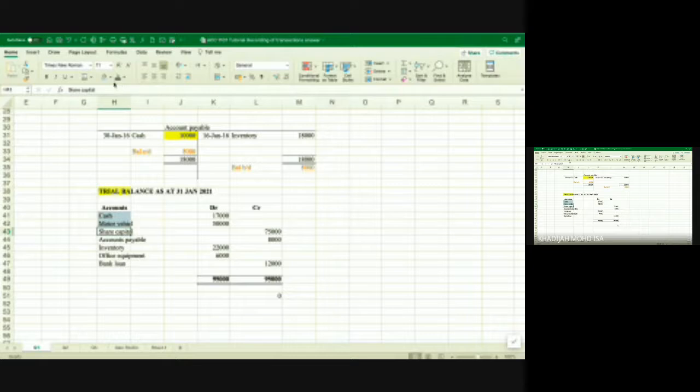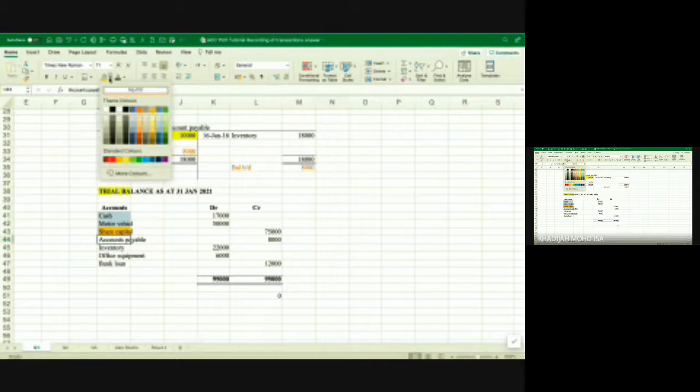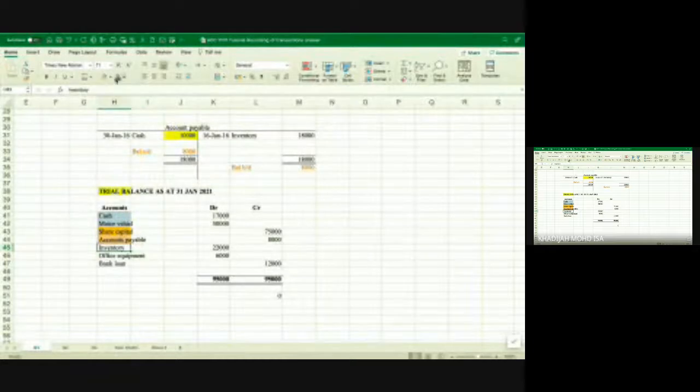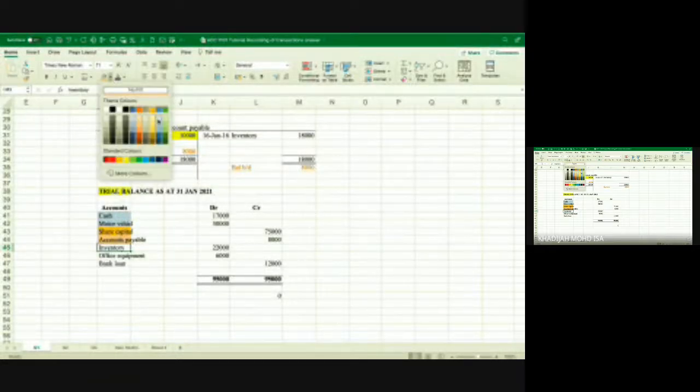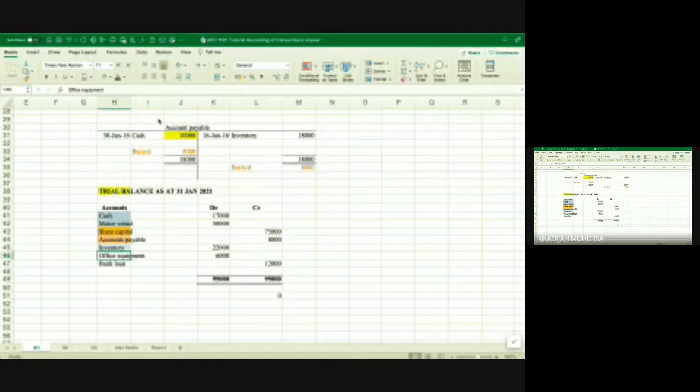Share capital is your owner's equity. Accounts payable is your liability, let's put it in red. Inventory again is blue, and then office equipment, but the bank loan again is your liability. So looking at the trial balance, you should be able to prepare your SOFP.